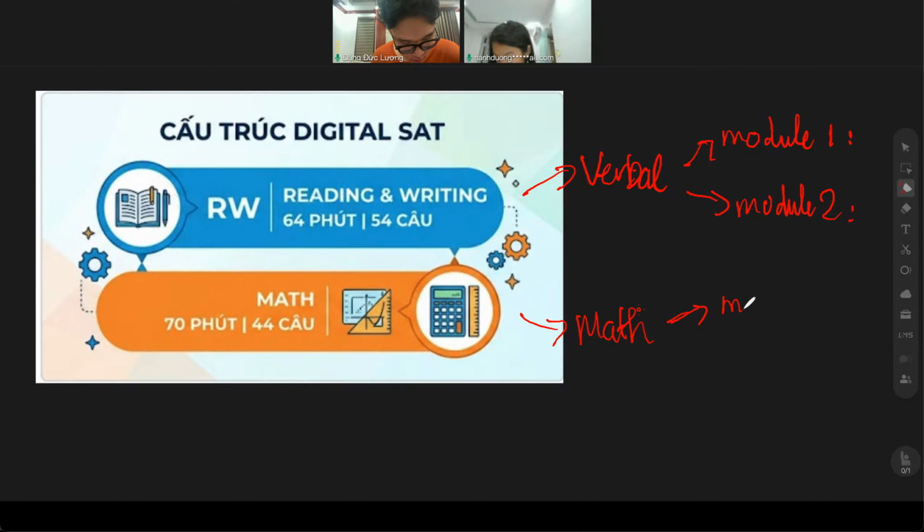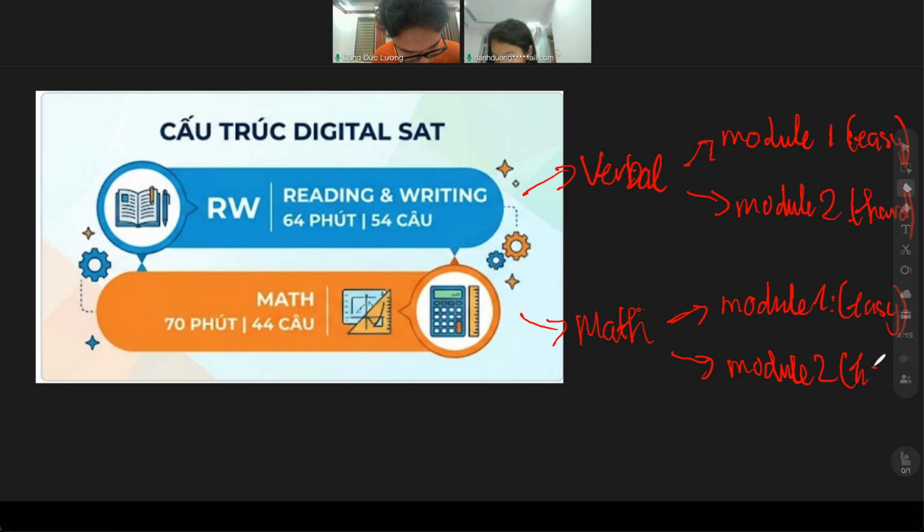It also has two modules: easy, hard, easy, hard.